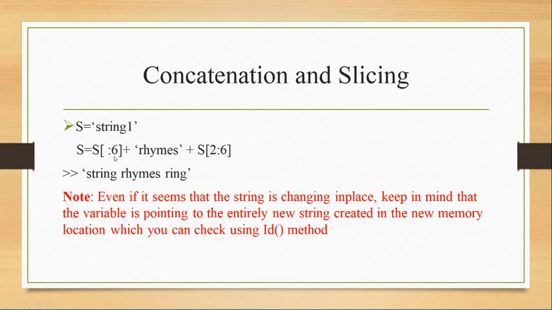This index will give me all the characters except the one at position 6, which is 1. Then a concatenation with rhyme. Again, from string I want ring, that is all the elements from position 2 till position 5. So I get another string as string rhymes ring.